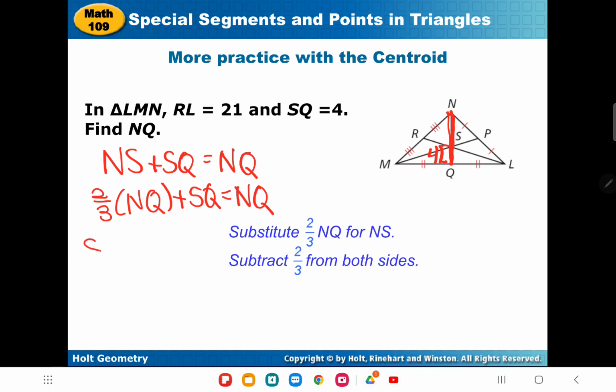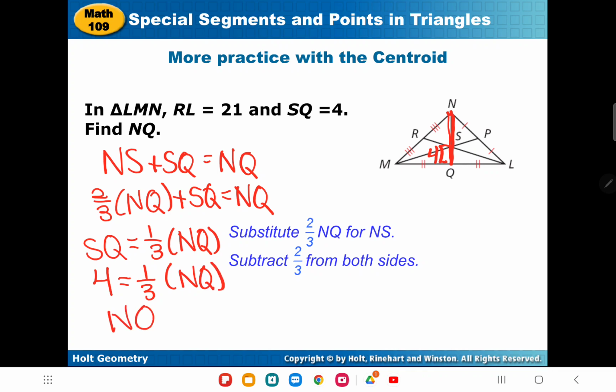Well, that tells me that SQ is equal to 1/3 of NQ. So 4 is equal to 1/3 of NQ, and thus NQ is equal to 12 units.